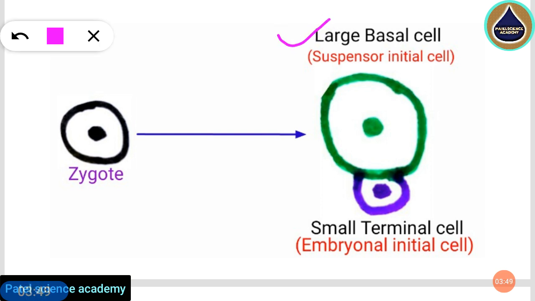This is the larger basal cell towards the micropylar end, green in color, and this is the smaller terminal cell towards the chalazal end, also called the embryonal initial cell, and it is blue in color. So till now, dear students, I hope you have understood the division of the zygote. It goes through the first cell division and converts into the larger suspensor initial cell and the terminal cell.